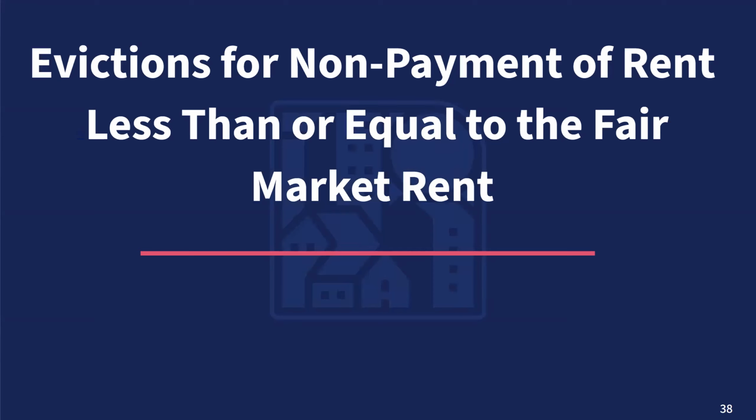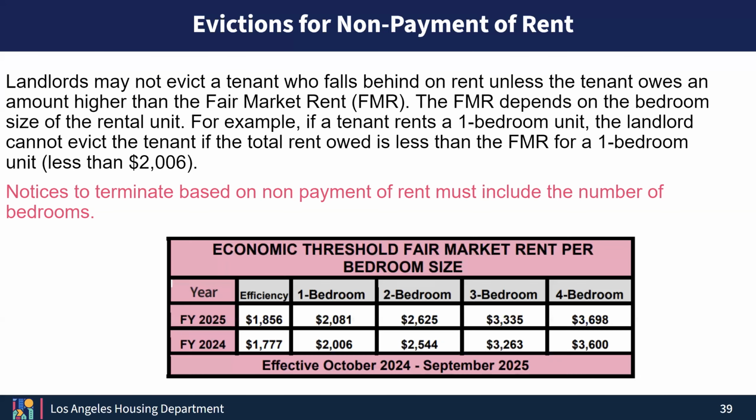Evictions for non-payment of rent when the amount owed is less than or equal to the fair market value of the unit. Although non-payment of rent is a permitted reason to terminate tenancy, there is a restriction for owners.